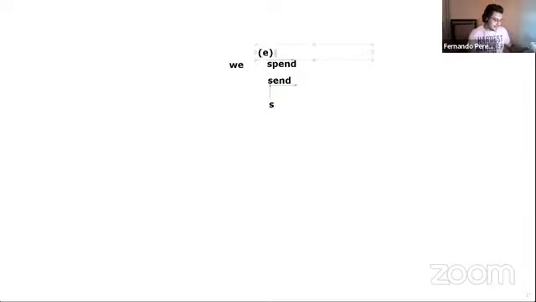But spend, for some reason, when we pronounce spend, we collocate an imaginary e: espend. And this is totally incorrect. Never collocate an imaginary e when you say spend.